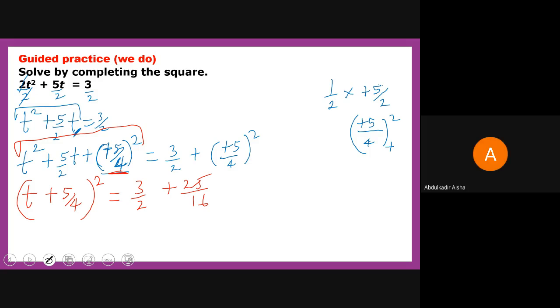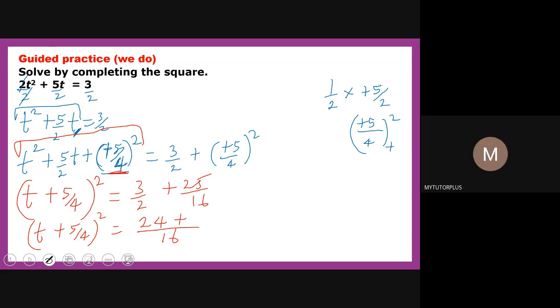No. Now the next thing is let's simplify this other side where we are having two fractions. So this is going to be t plus 5 over 4 all in bracket square equals, my LCM is going to be 16, right? Yes. How many 2s can I get in 16? 8. Then 8 times 3 will give me 24, right? Yes. Plus, how many 16s can I get in 16?